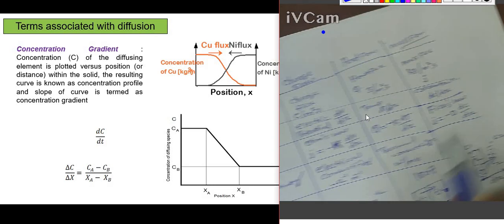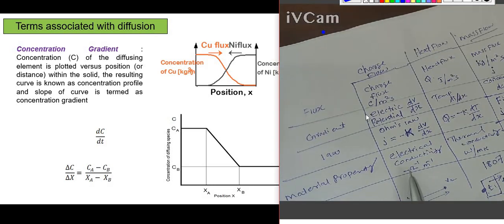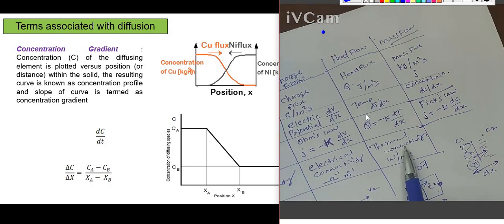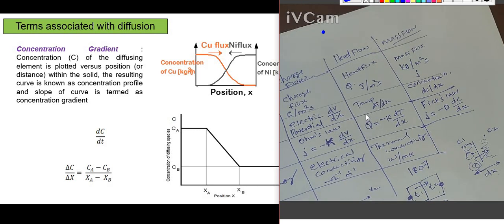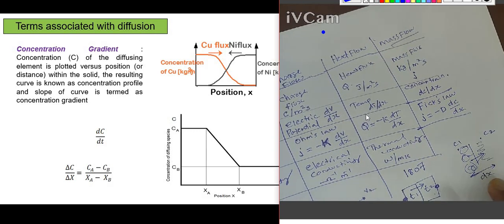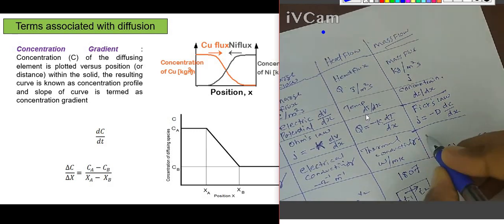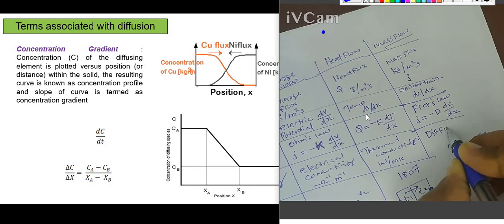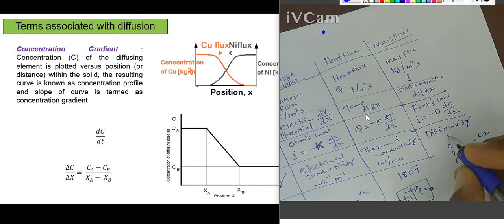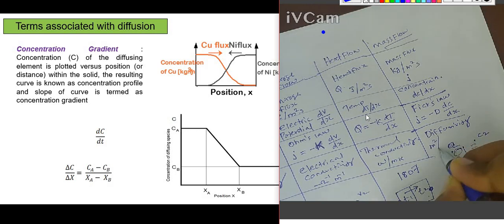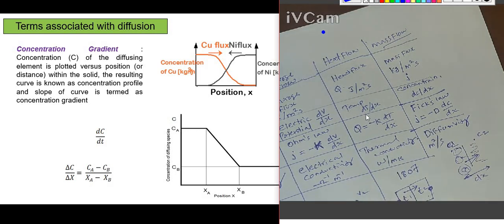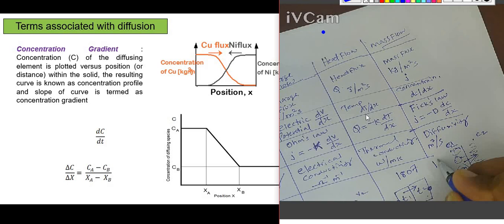And what is the material property here? Here it is electrical conductivity, here thermal conductivity. What is it for mass flow? Here diffusivity is the material property. Diffusivity, or diffusion coefficient, has the unit meter square per second, and it was developed in 1855.